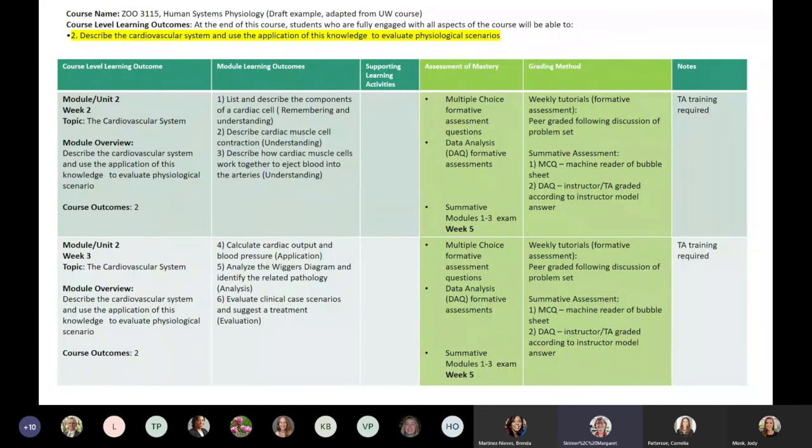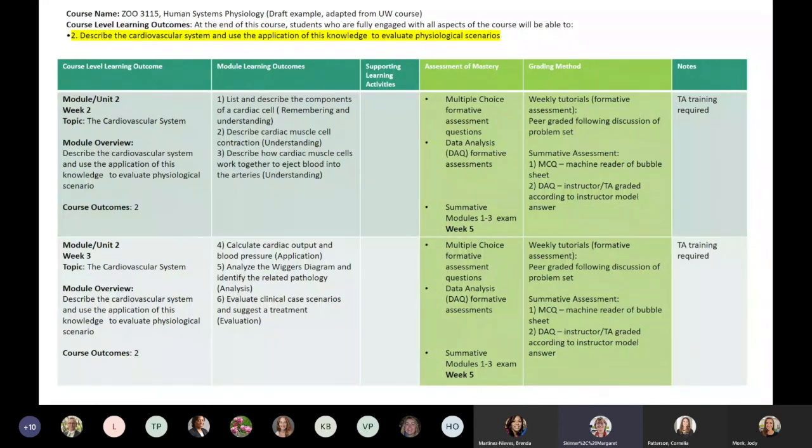We wanted this opportunity to make them unafraid of being wrong, because these are high stakes courses. If they don't do well in them, they are not getting into pharmacy school, they're not getting into medical school, etc. So we wanted their formative assessments to be very low stakes and very supportive.